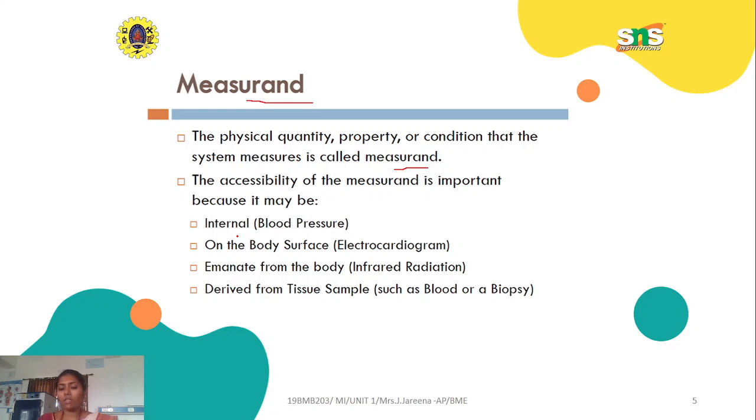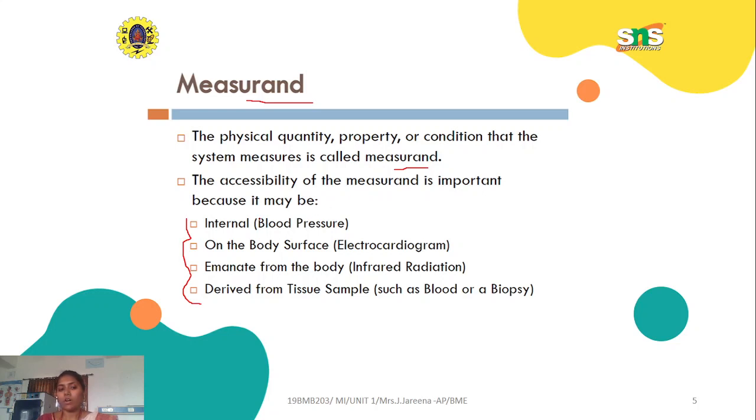Whether we have direct contact, or we are measuring over the surface of the body, or in the presence of some radiation or external disturbance, or in the form of samples required to measure that particular quantity. Based on this, the accessibility of that measurement varies.